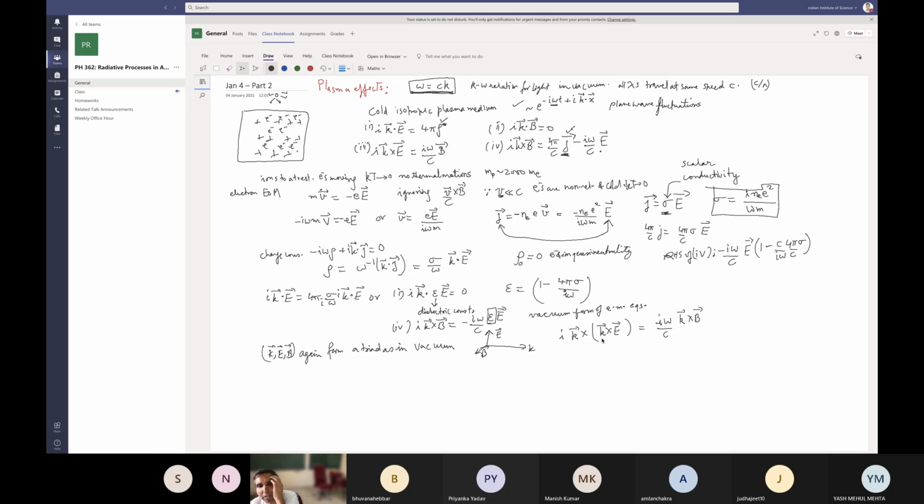So K dot E is 0, so this is minus i K squared E is equal to i omega by c K cross B. We can actually just substitute from this equation: i K cross B is minus i omega by c epsilon E. So we get our dispersion relation.